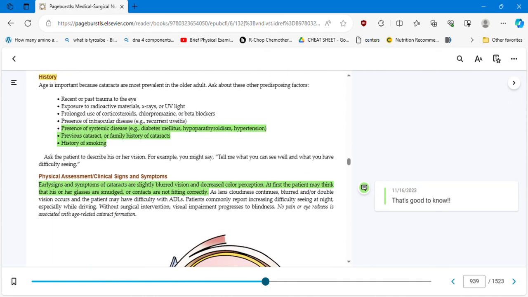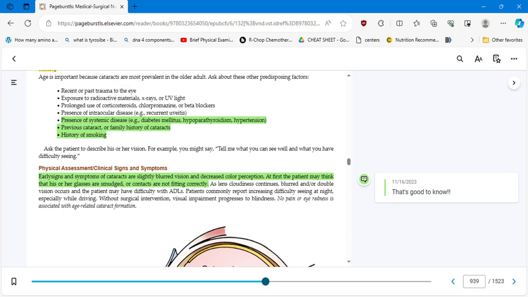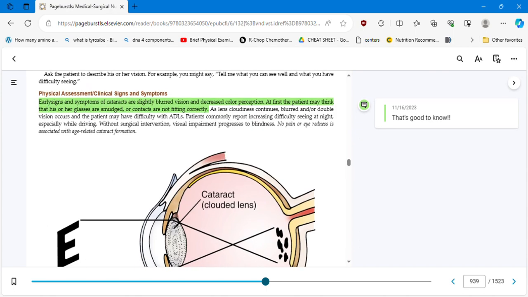Assessment, recognizing the cues. History: presence of systemic diseases like diabetes, hypothyroidism, hypertension, previous cataract or family history, history of smoking. Physical assessment: early signs and symptoms of cataract are slightly blurred vision, because of the opacity of the lens, and decreased color perception.